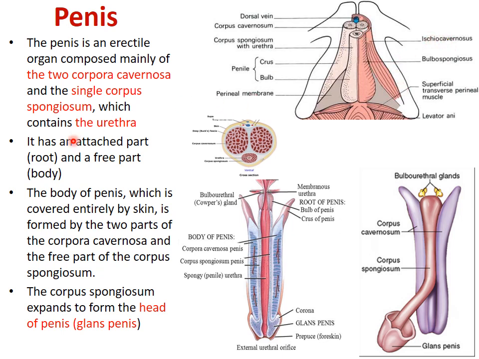It has an attached part, the root, and a free part, the body. The root, the crus, is the attached part with the ischiopubic ramus, and the free part is what erects. The body of the penis is covered entirely by the skin and is formed by the two parts of the corpora cavernosum and the free part of the corpus spongiosum.